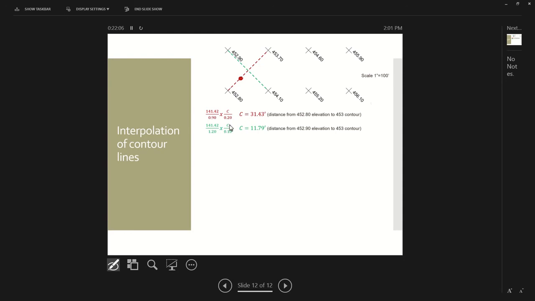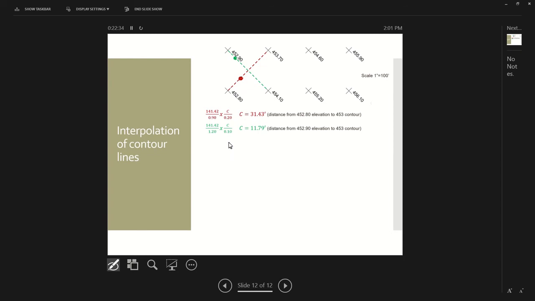I'm trying to find c, and the difference in elevation from this elevation here to the whole contour I want to go to is 0.1. So I'm moving 0.1 to get to the 453 contour. I go through and do the calculation, and I get 11.79. So that's going to end up right in here somewhere, when I whip out my scale, scale it on there and make my dot.